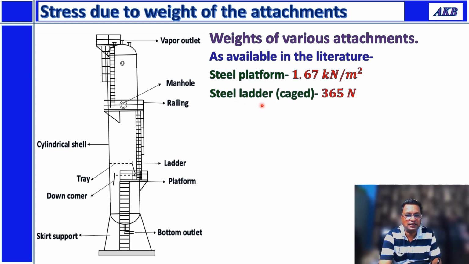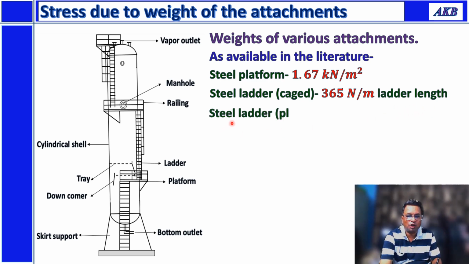For steel ladder, which is caged, that means a ladder that will be covered with a kind of cage, the weight that you can consider is 365 Newton per meter length of the ladder.